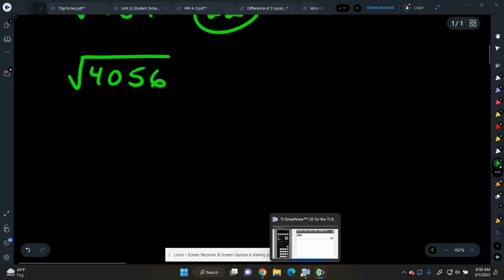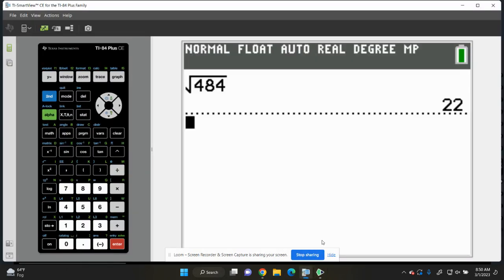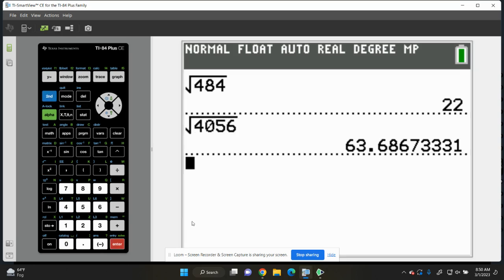Okay, so 4,056. So let's see if it's a perfect square. And it is not. Okay, so it ends in 56.